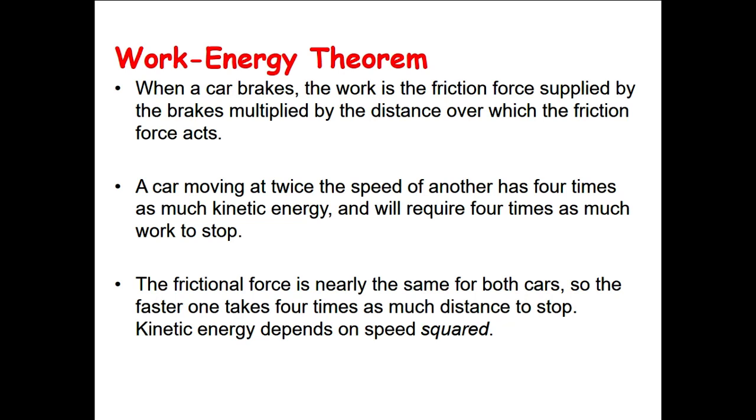A car moving at twice the speed of another car will have 4 times as much kinetic energy. Therefore, it will require 4 times as much work to stop. Since the frictional force is nearly the same for both cars, the faster car will take 4 times as much distance to stop compared to the slower car.